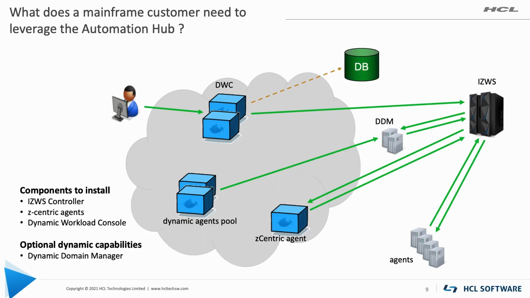Basically, besides having the IZWS controller and the Z engine, you need Z-centric agents, because all these plugins are submitted through Z-centric agents, and the dynamic workload console installed, because it's very easy to define these jobs from the dynamic workload console. There are dedicated panels on the UI, so that's the best way to define these jobs.